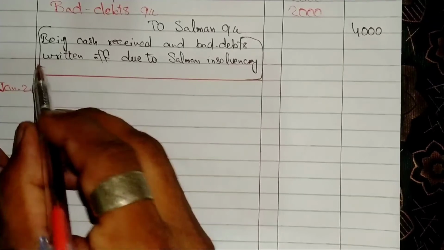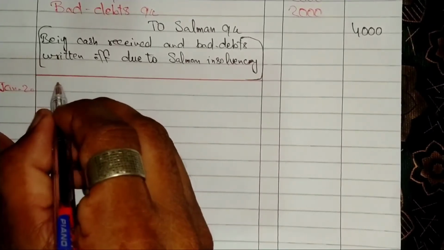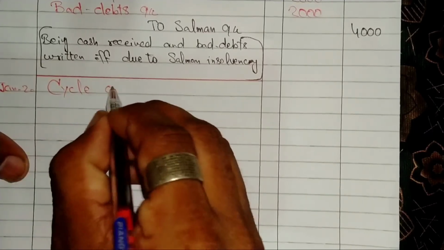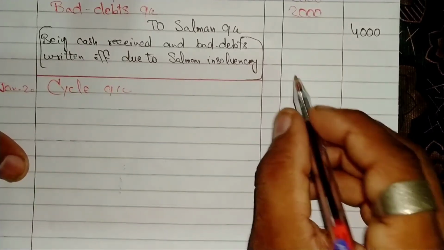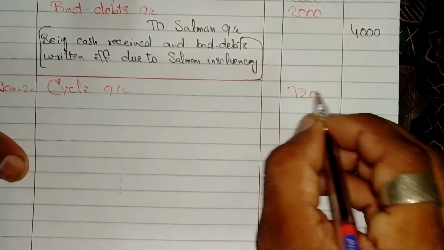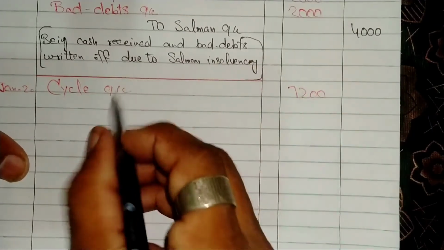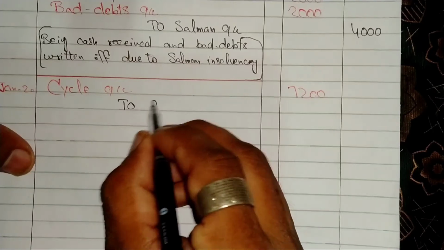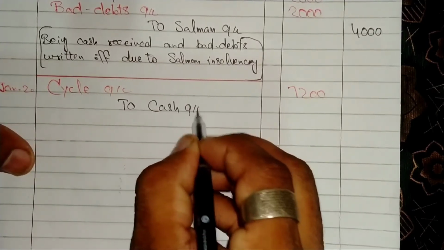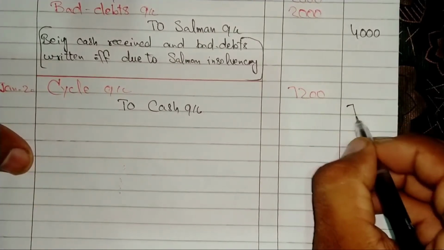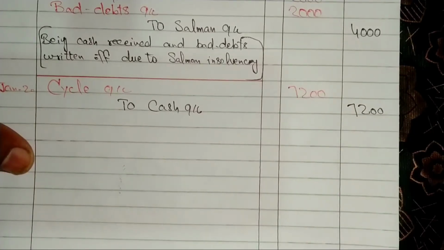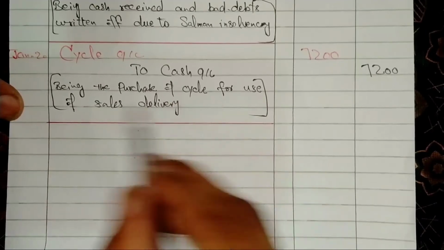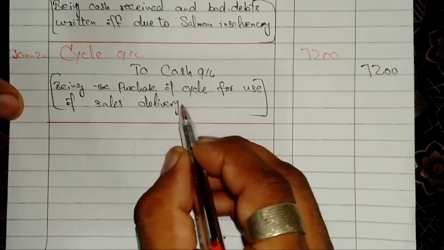On 20th Jan, cycle account debit with amount $7,200 to credit with cash account with amount $7,200, with description being the purchase of cycle for use of sales delivery.